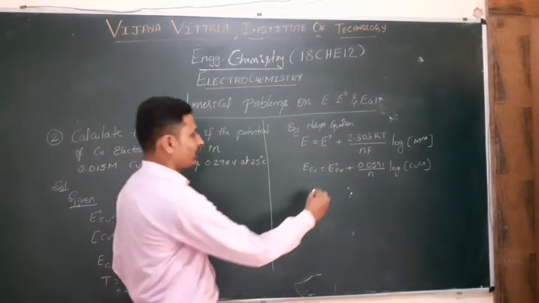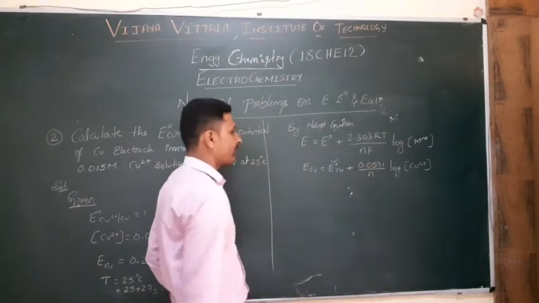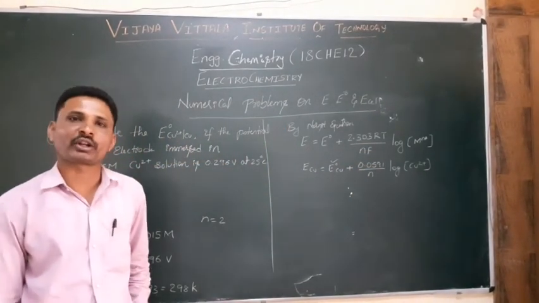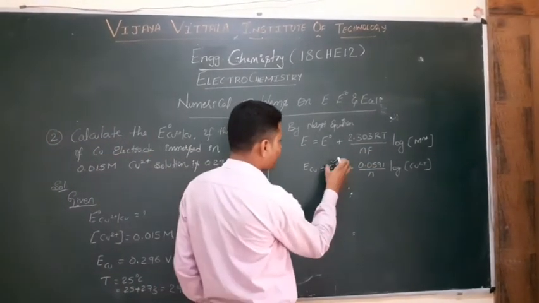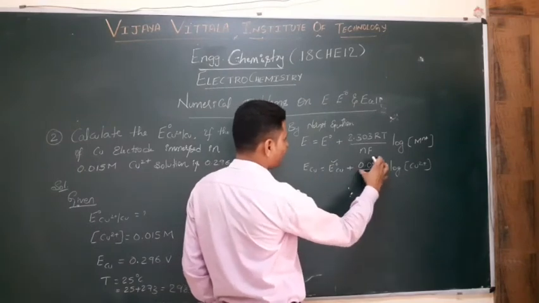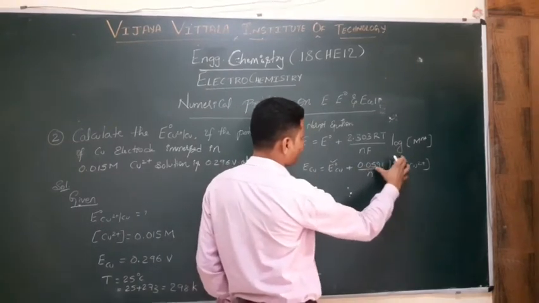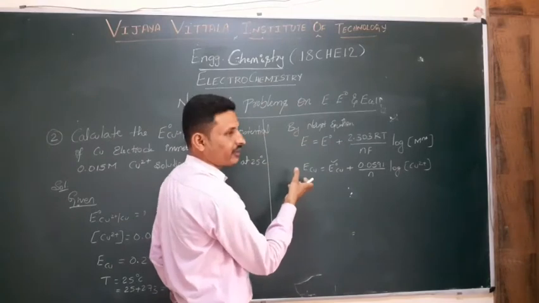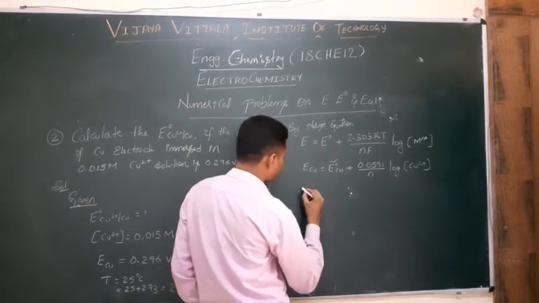Here we need to calculate the standard electrode potential value, so keep this term and bring the whole other term to the right-hand side.